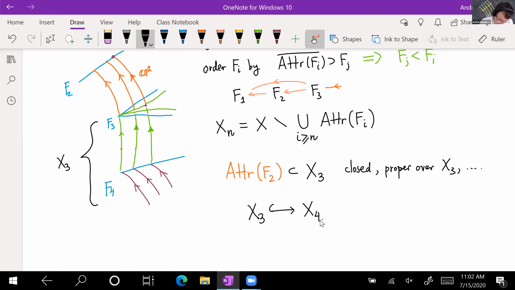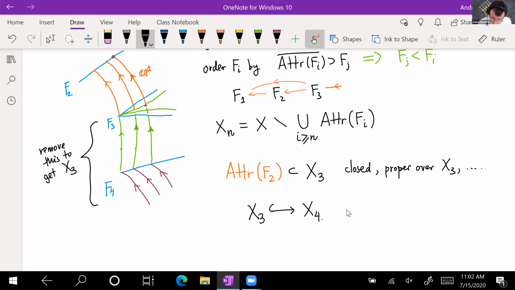I apologize, this may be a bad picture. We remove this to get X3.